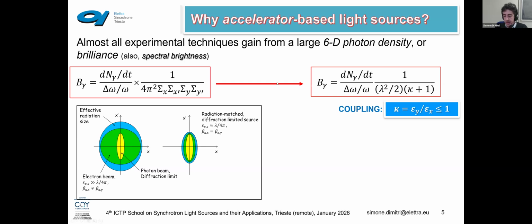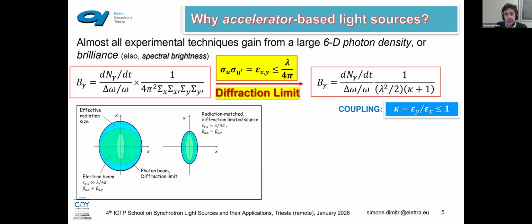Now, this quantity can be maximized under some specific conditions of the accelerator, which are summarized by this relation. Basically, the product of the spot size and angular divergence of your electron beam at the location where the radiation is emitted is called emittance, and we will use this term again in the following of this lecture.